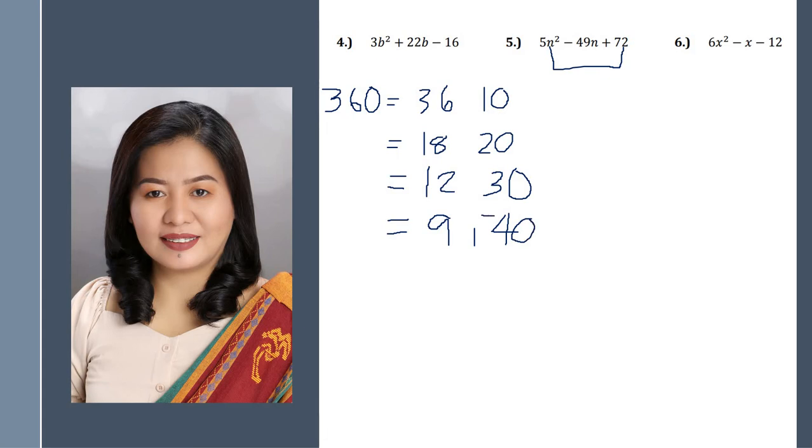So that will be minus and minus. So that will be minus 9n minus 40n, and we copy the first term 5n squared and plus 72.